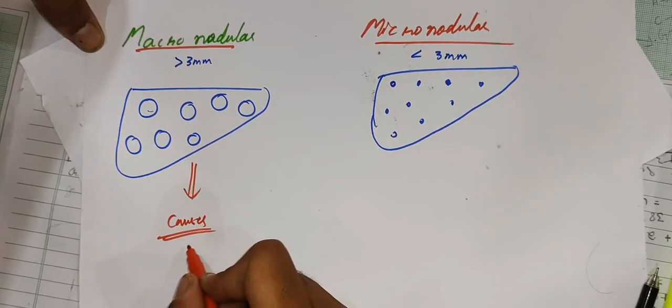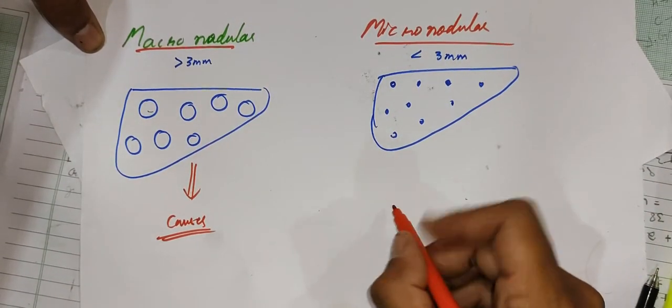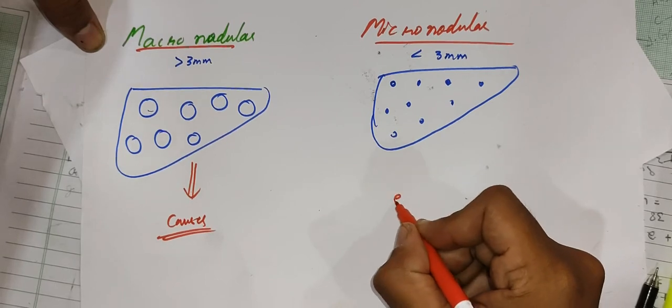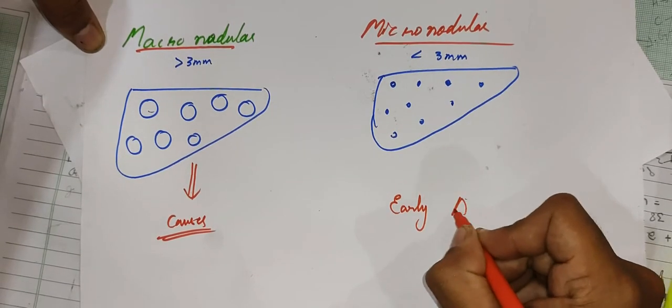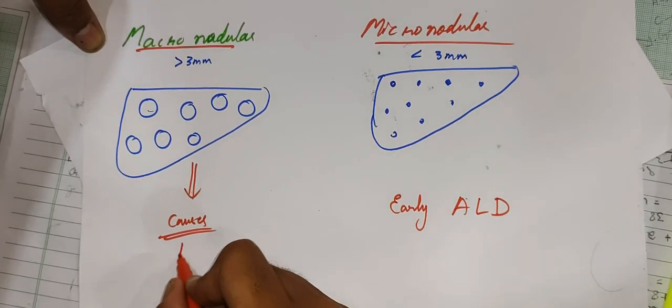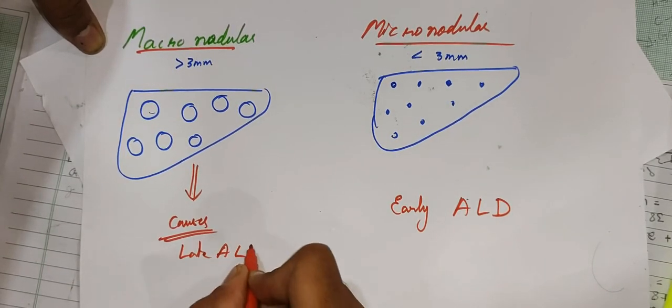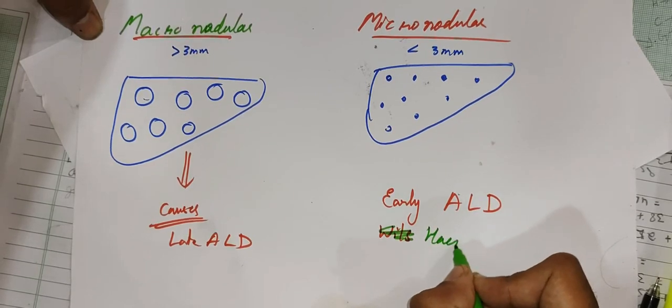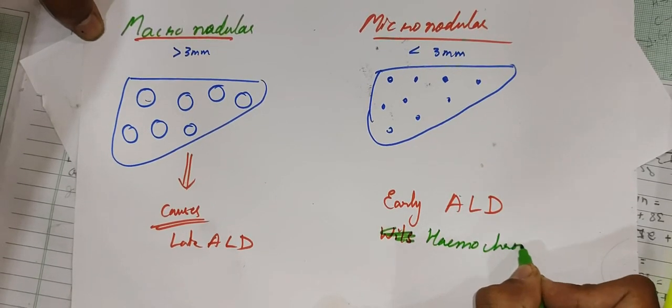And next if we consider the causes, micronodular is mainly due to early alcoholic liver disease. In case of macronodular it is late ALD. It may be due to hemochromatosis.